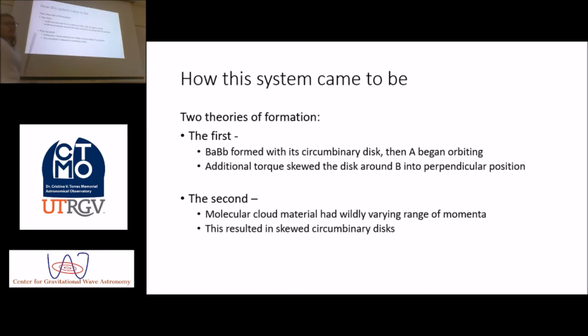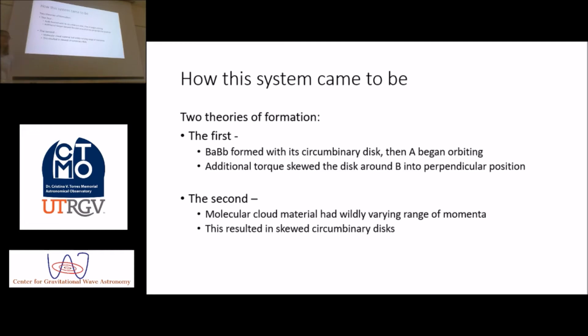So we're going to discuss a little about the two theories concerning how the system came to be. The first was that the binary star system B formed with its circumbinary disk, and then at some point later in time, binary system A began orbiting around that primary system.